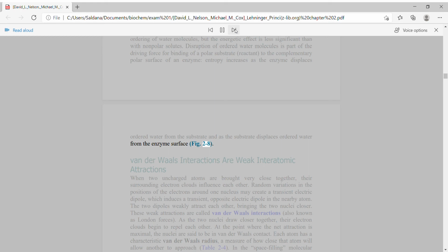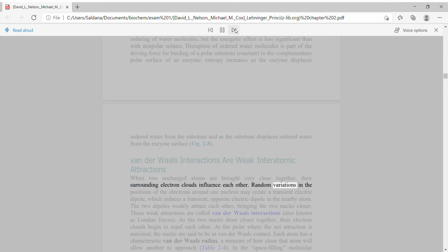Fig. 2-8. Van der Waals interactions are weak interatomic attractions. When two uncharged atoms are brought very close together, their surrounding electron clouds influence each other.